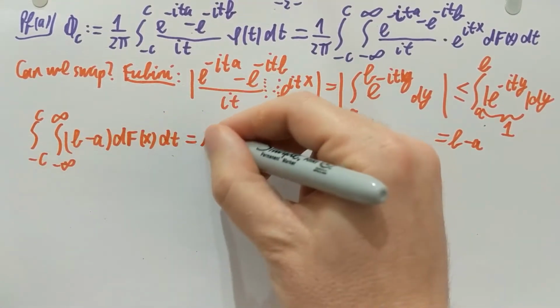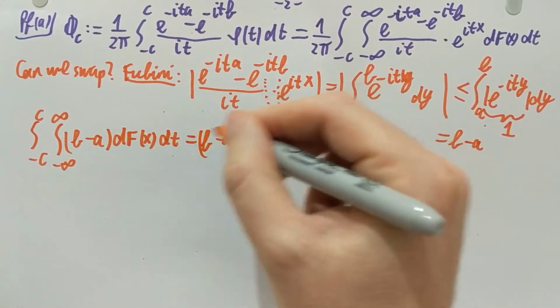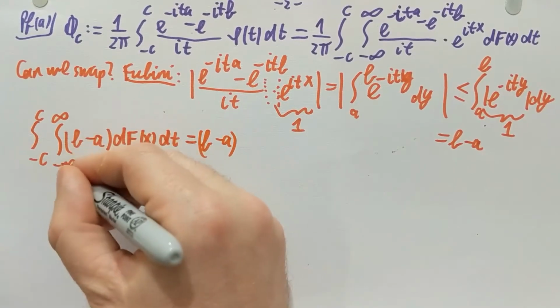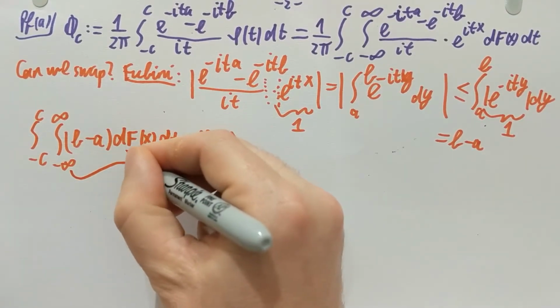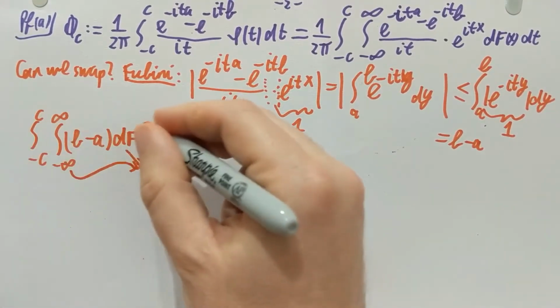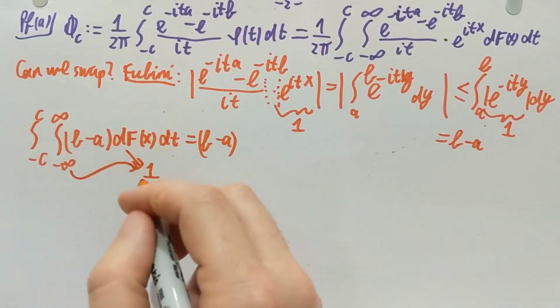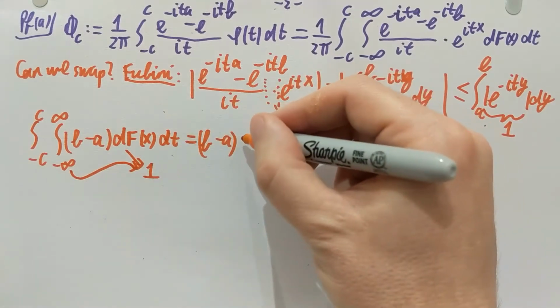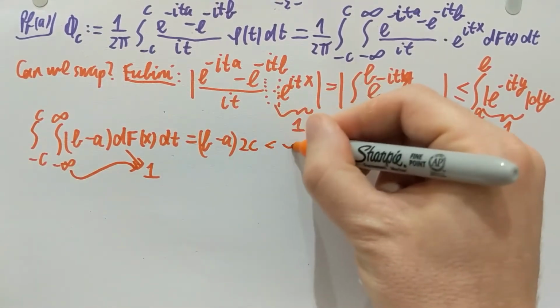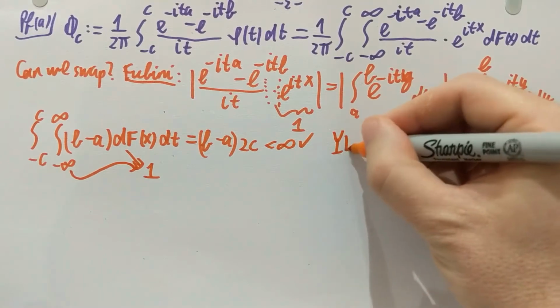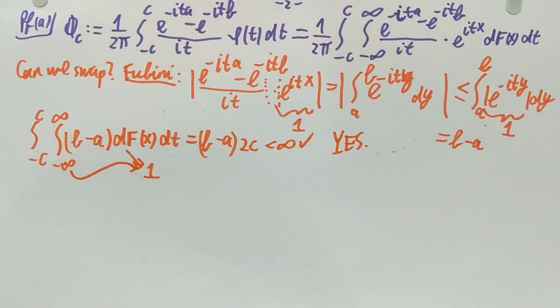The constant b minus a I can write out in front. So when I put the constant b minus a in front, then integrate from minus infinity to infinity dF, this is 1, the constant is in front, integrate from minus c to c, the constant 1 gives me 2c. Is this finite? Yes, it's finite for every fixed c. So Fubini tells me a big yes, we can swap the two integrations.